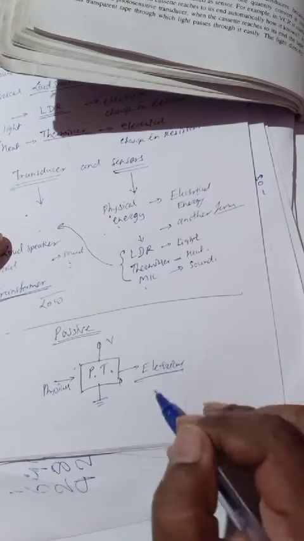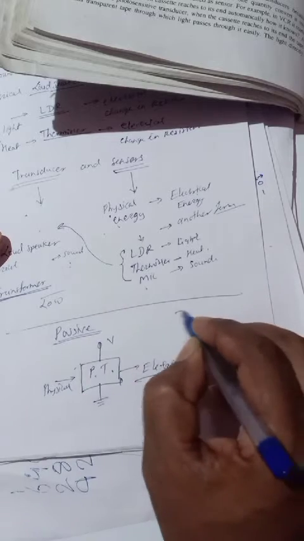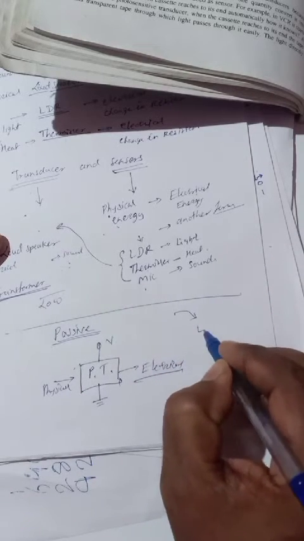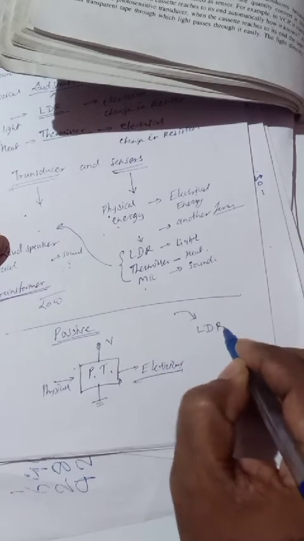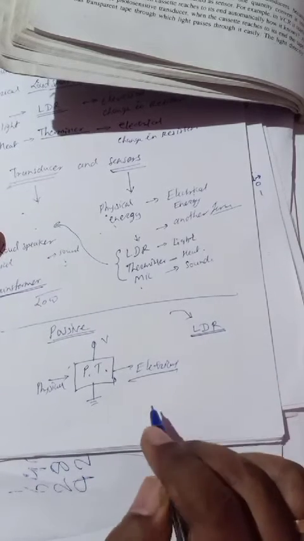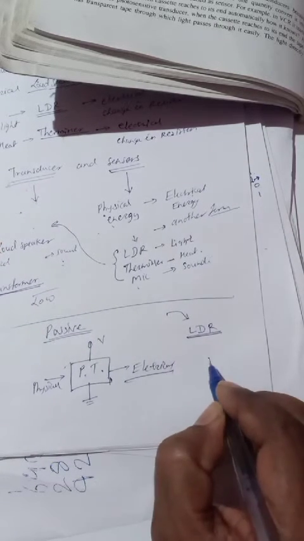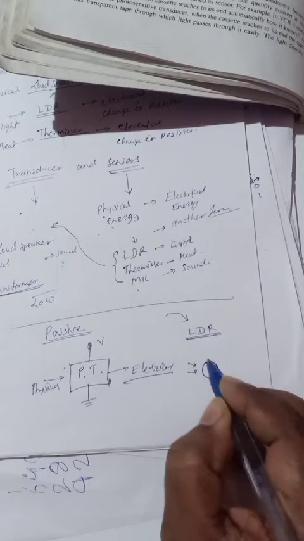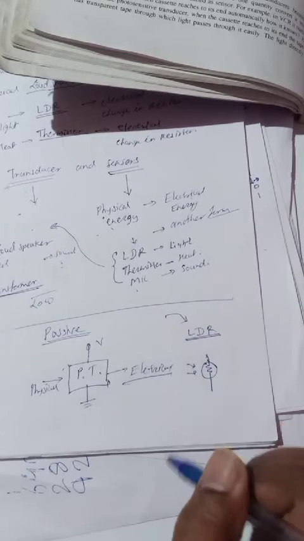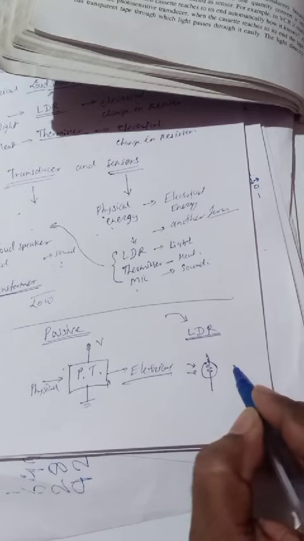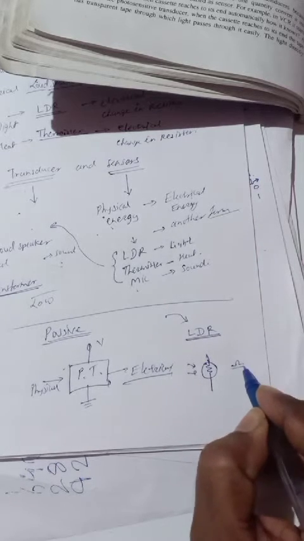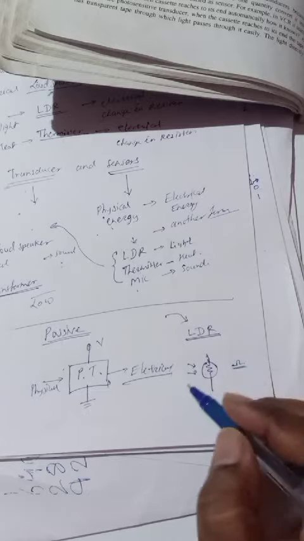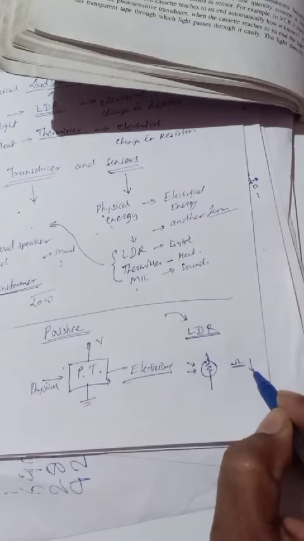The best example of a passive transducer is the LDR, light dependent resistor. When light is incident on this resistor, its internal resistance in ohms changes. When light is incident, its resistance decreases.